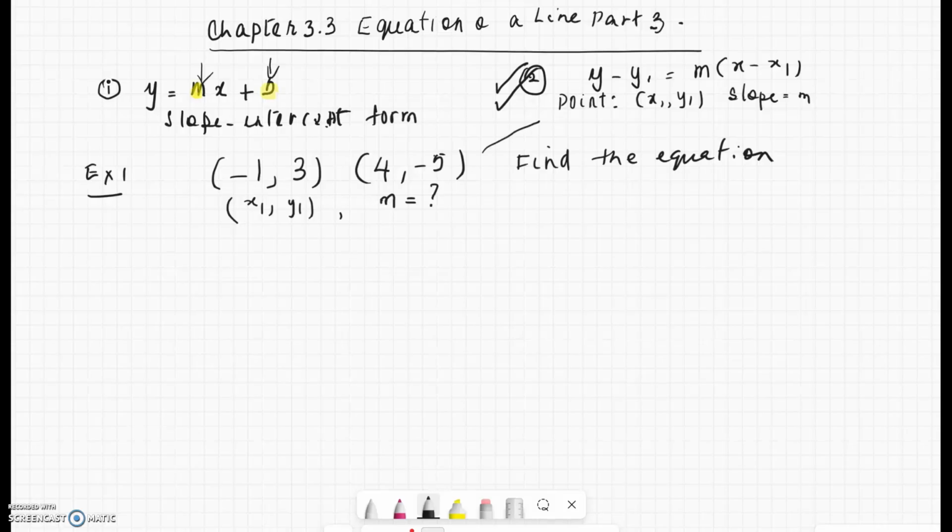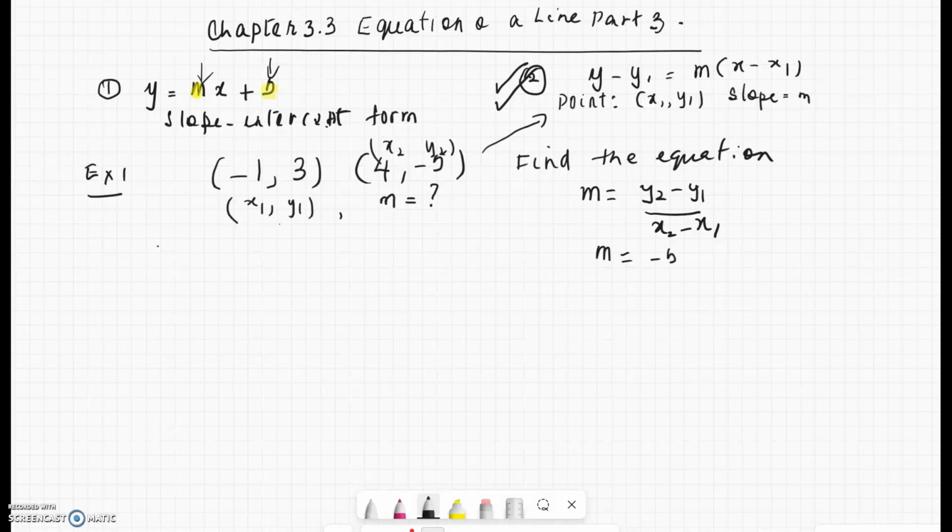We can plug in the numbers into the second equation, which is y minus y1 equals m times x minus x1. Now, if you remember the formula for slope, y2 minus y1 over x2 minus x1, so the change in y over the change in x. Okay, so let's find the slope first using this equation. So m equals, if this is x1, y1, we could call this x2, y2, basically the second point.